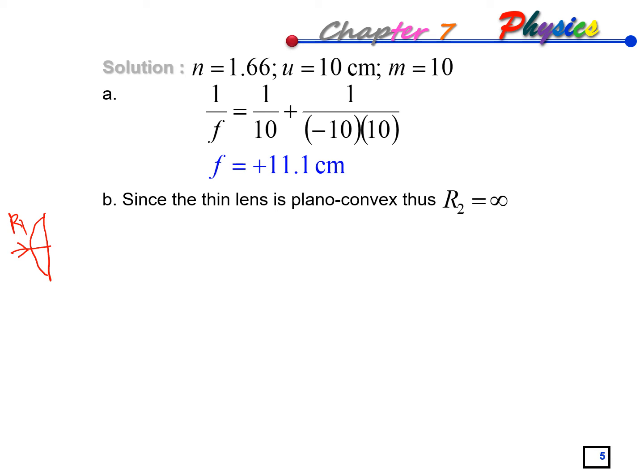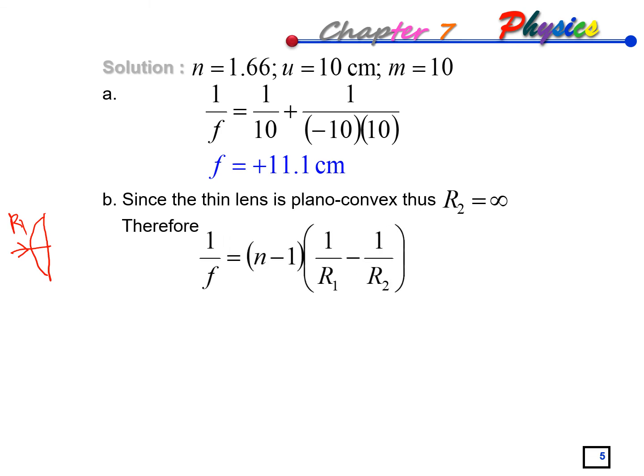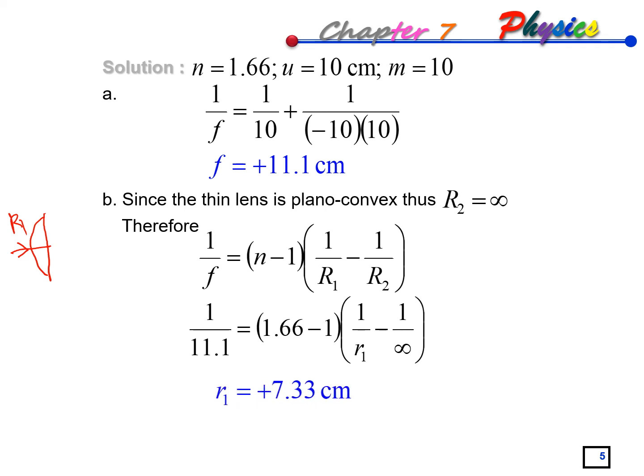When we have a flat surface, the radius will be infinite. So replace into the equation: focal length given, refractive index we have, and 1 over infinity ends up as 0. Therefore we can determine the radius R1, which will end up as 7.33 centimeters.